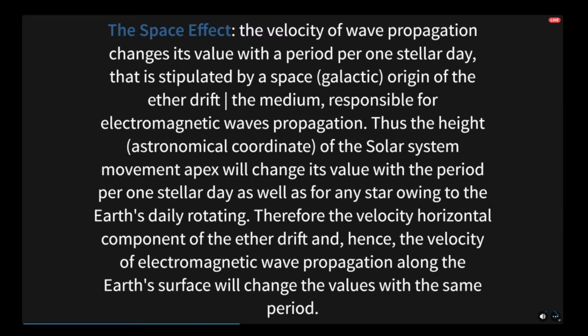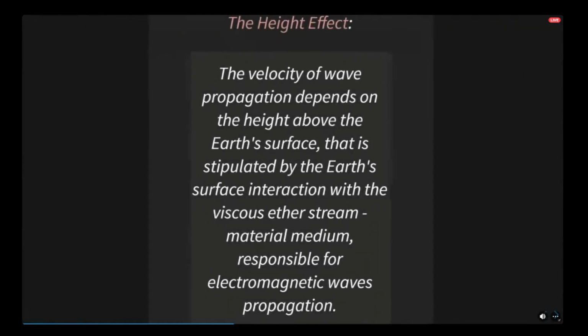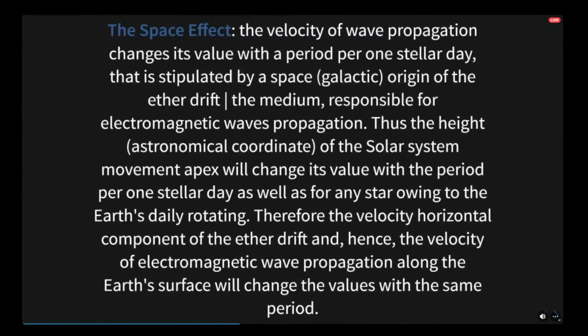So we have the space effect. The velocity of wave propagation changes due to the period of one stellar day that is stipulated by space or a galactic origin, right? The medium responsible for the ether, that the periodicity measured within the fluctuations of the speed of light when measured and plotted against sidereal time will show a cause and effect relationship where the periodicity will reach its minimum and maximum dimensions according to sidereal time, right?